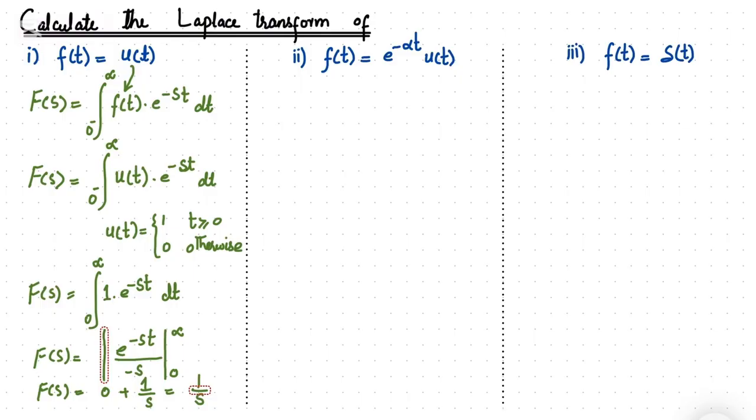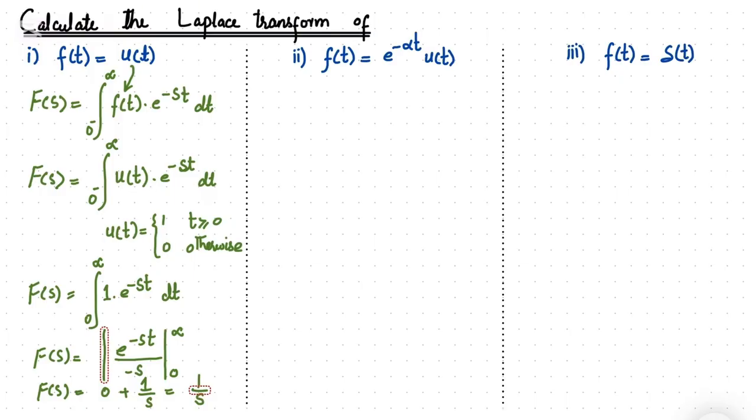Next, the function for which we want to calculate the Laplace transform is an exponential function, e raised to power minus alpha t into u of t. This is the product of two functions, e raised to power minus alpha t and u of t. So we use the formula for the Laplace transform and insert the value of f of t.